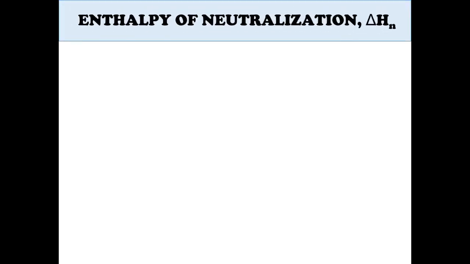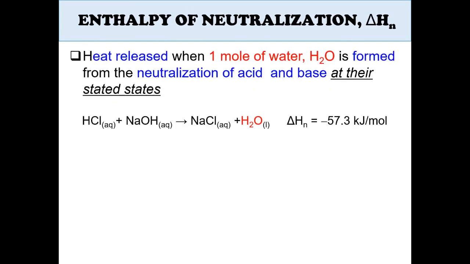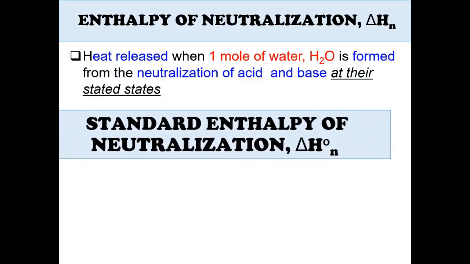Enthalpy of neutralization, delta Hn, is the heat released when 1 mole of water H2O is formed from the neutralization of acid and base at their stated states. Example, HCl aqueous plus NaOH aqueous produces NaCl aqueous plus 1 mole of H2O liquid, delta Hn equals negative 57.3 kJ per mole.